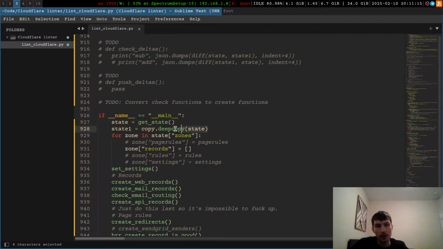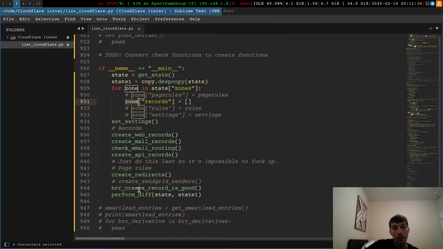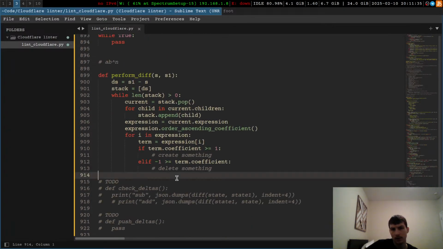We create a new state. This is still up in the works. We perform whatever operations we do to create the new state, the desired state. Then we perform the diff between state and the desired state, and then this just works.